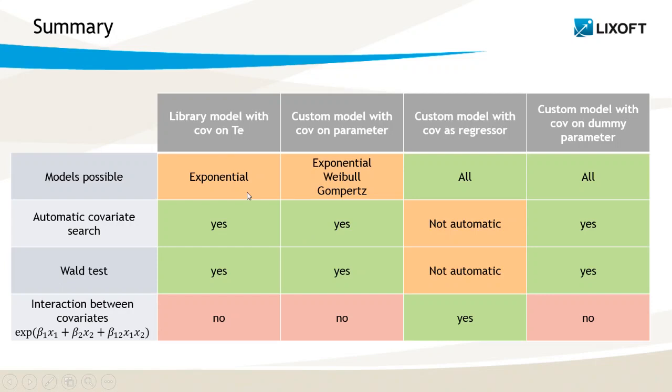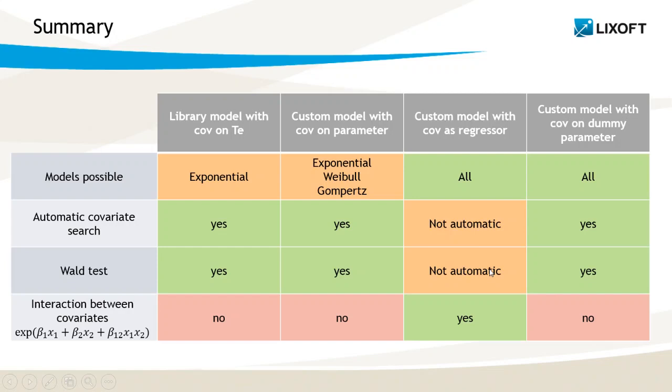If you implement a Weibull or Gompertz model using a different parameterization than in the library, then you can add covariates on the lambda parameter and get a proportional hazard model. If you need another shape for the hazard, you will need to use the covariates as regressors or to introduce a dummy parameter on which covariates will be added. The regressor method has a disadvantage that the covariate search and Wald test cannot be done automatically. It's still possible to do them manually.